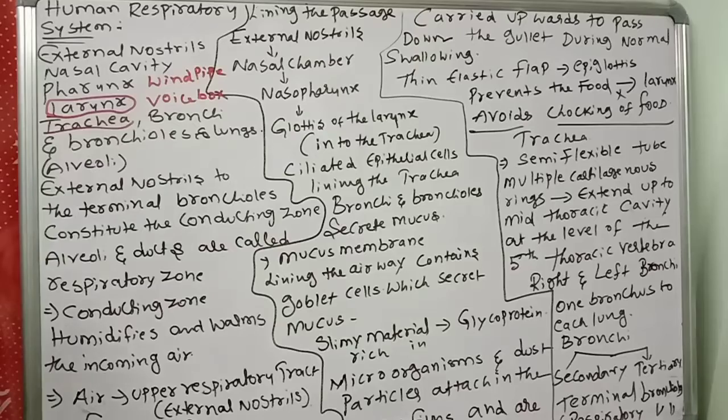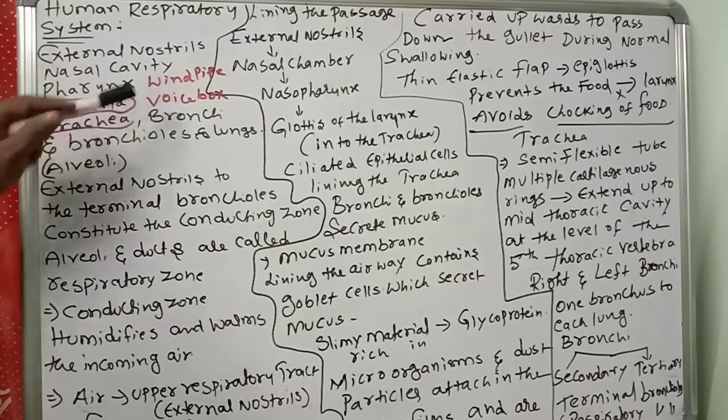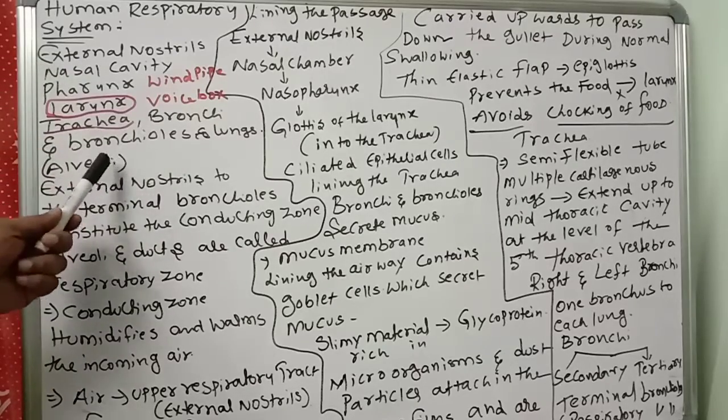These points you should remember. So the human respiratory system includes the external nostrils, nasal cavity, pharynx, larynx, which is the voice box, trachea, which is the windpipe, bronchi, bronchioles, and lungs.